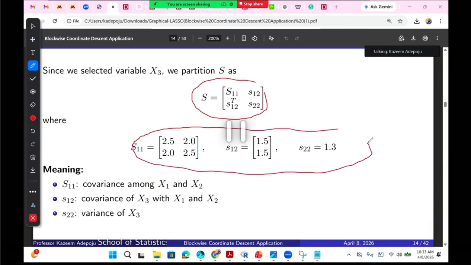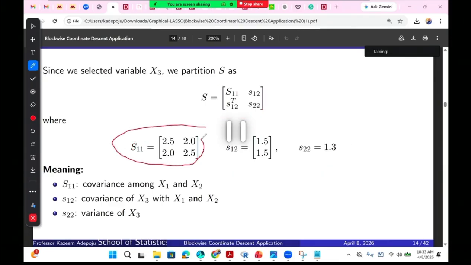The X11, if you take a look at this guy here, gives the covariance among X1 and S2, right? That's a covariance among the variables I'm not updating at the moment. This guy is the covariance between the variable I'm updating and the one I'm not updating. This guy is the variance of the variable I'm updating.